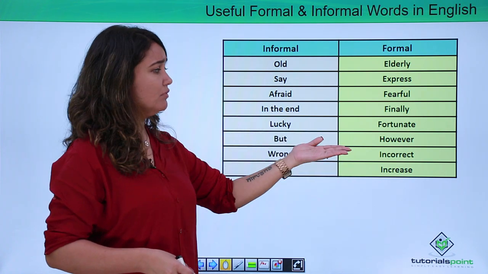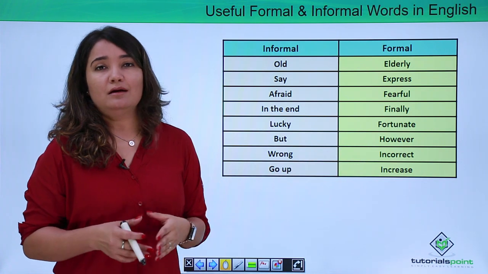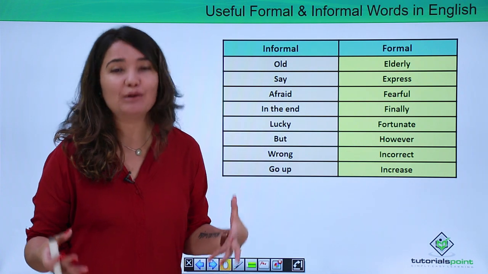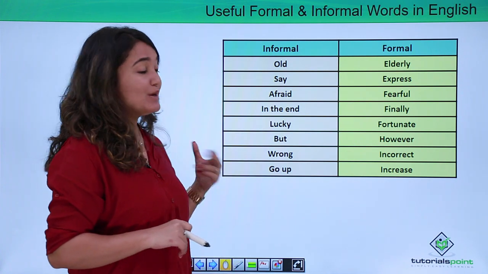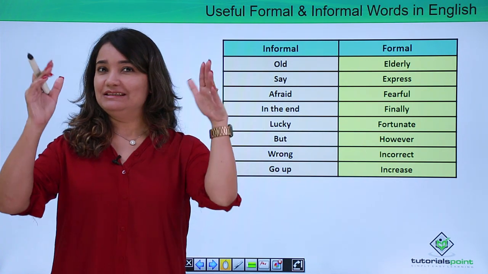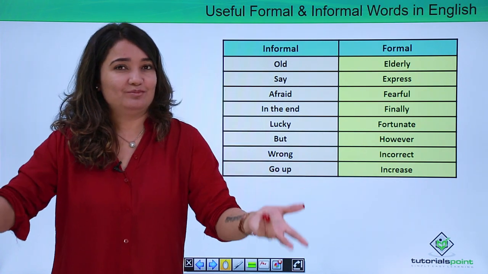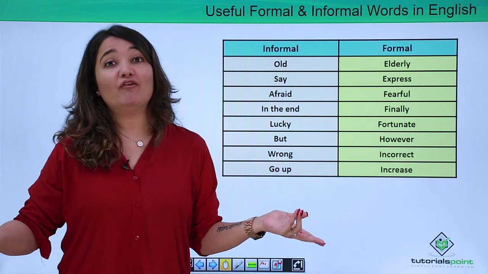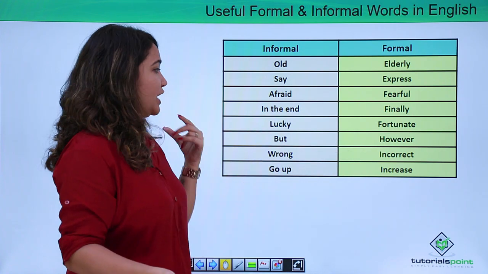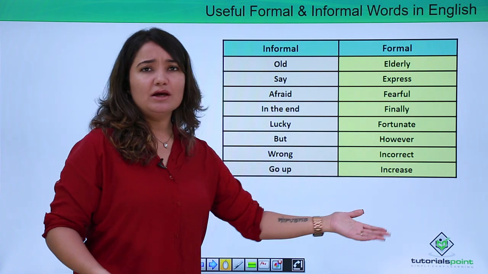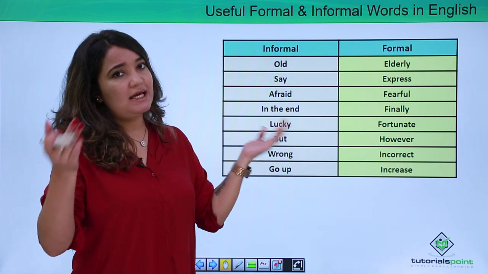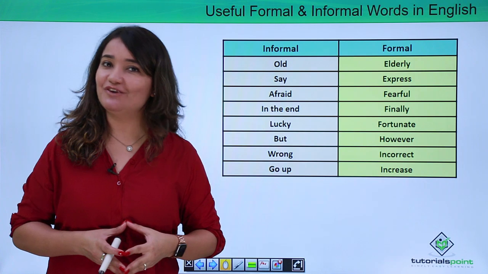However is less direct and a more formal way. Wrong and incorrect. Wrong is very direct, and it might come across as offensive to people, so it is better to use the word incorrect. Go up and increase. Not very different from each other, not that you can't interchange them, but increase for sure is better formal.